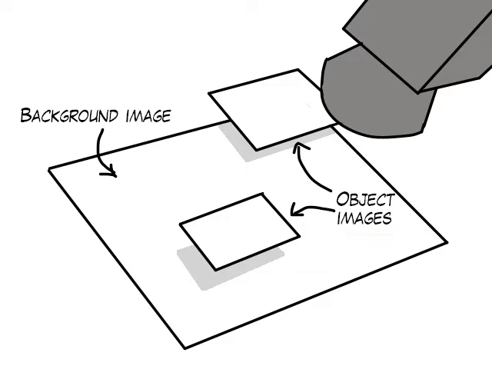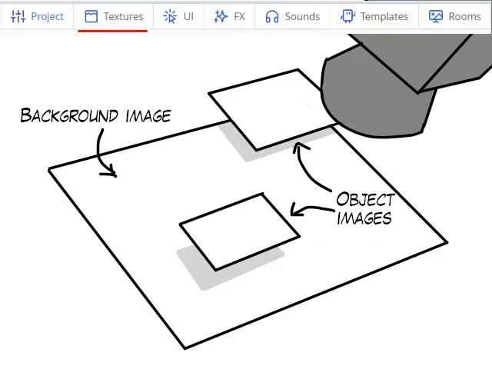To do that, we first need to attach the image to a template under the tab Template. We can then create copies from the template, and those copies will be the objects in the game. The copies can be added under the Room tab through drag and drop or through code.